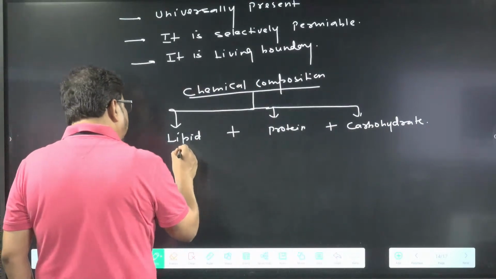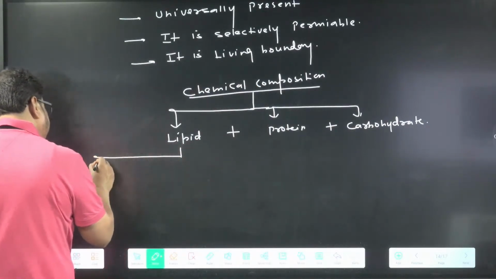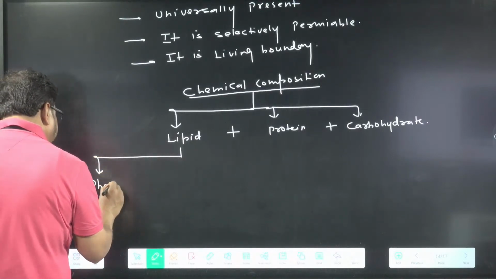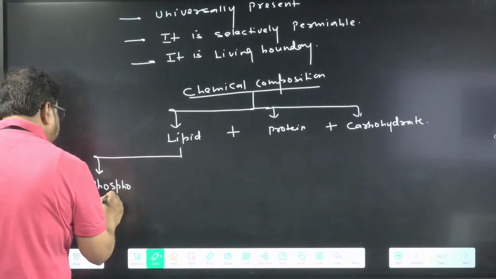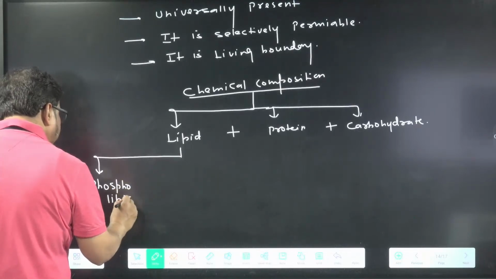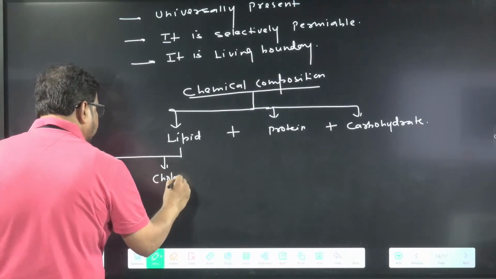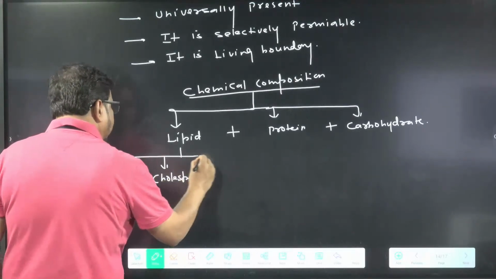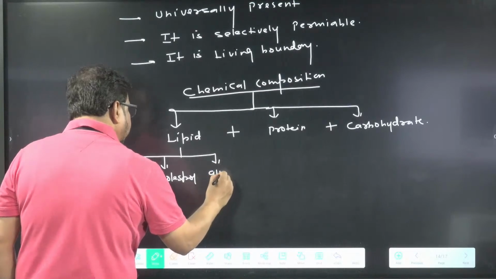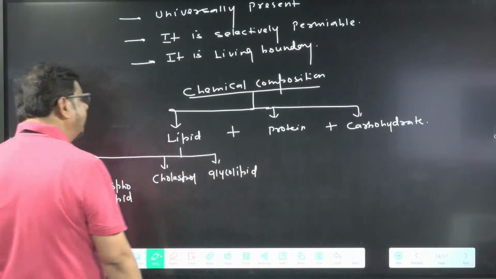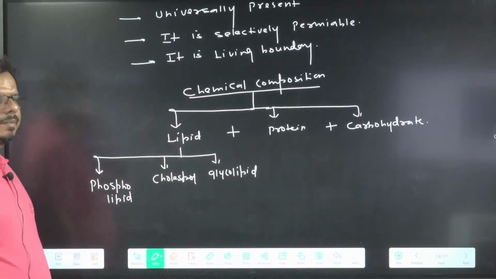If we talk about which type of lipid is present in plasma membrane, I am writing a few important names: phospholipid, another is cholesterol, another one is glycolipid. So these three types of lipid are present in plasma membrane.